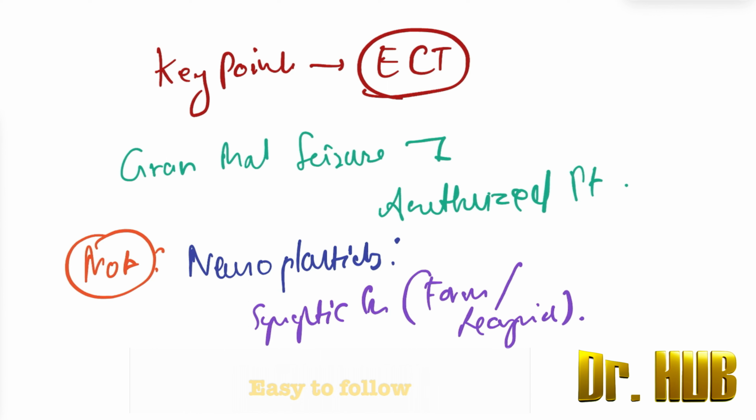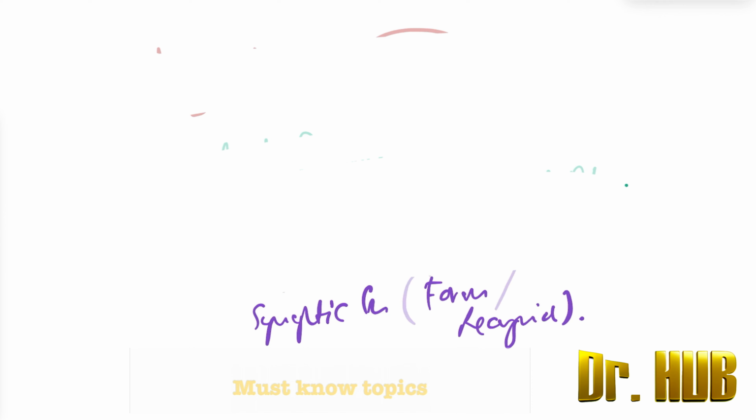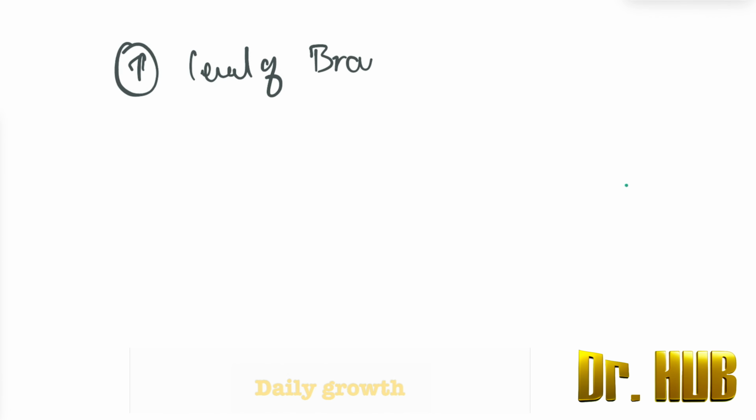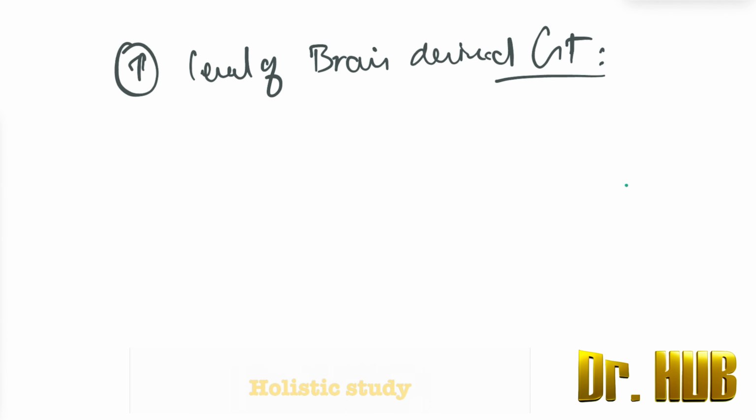So this is the effect of neuroplasticity. The other mechanism of action is that it increases the level of brain-derived growth factor and the vascular endothelial growth factor, VEGF.